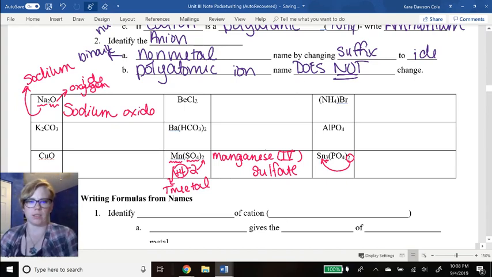For these other ones, so for manganese IV sulfate and this copper oxide compound, I can't actually do that. This one, I've got NH4. If it's NH4, it's ammonium.